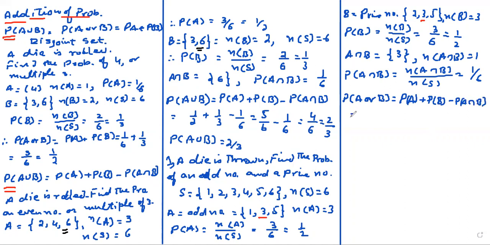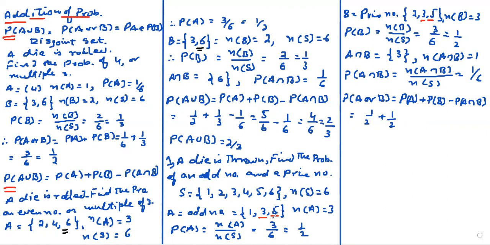So we have 1 over 2 plus 1 over 2 minus... just wait. We have 2 common factors, 3 and 5.